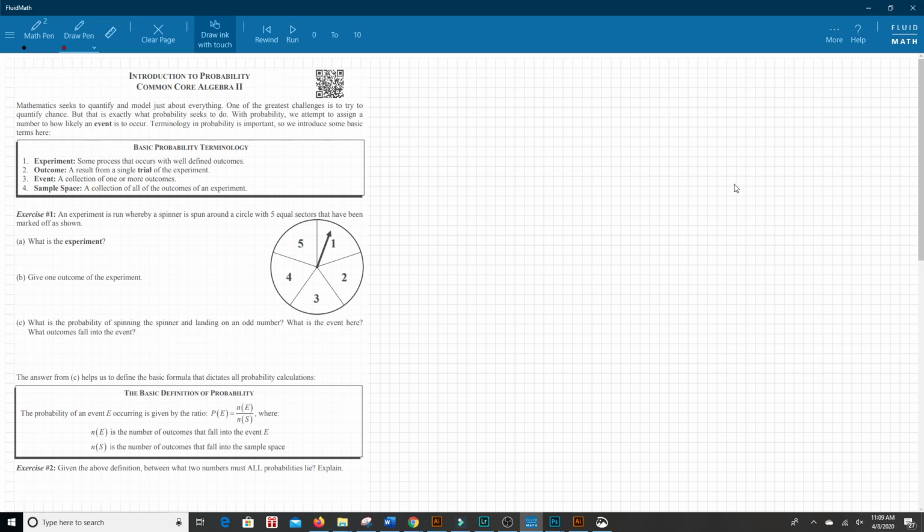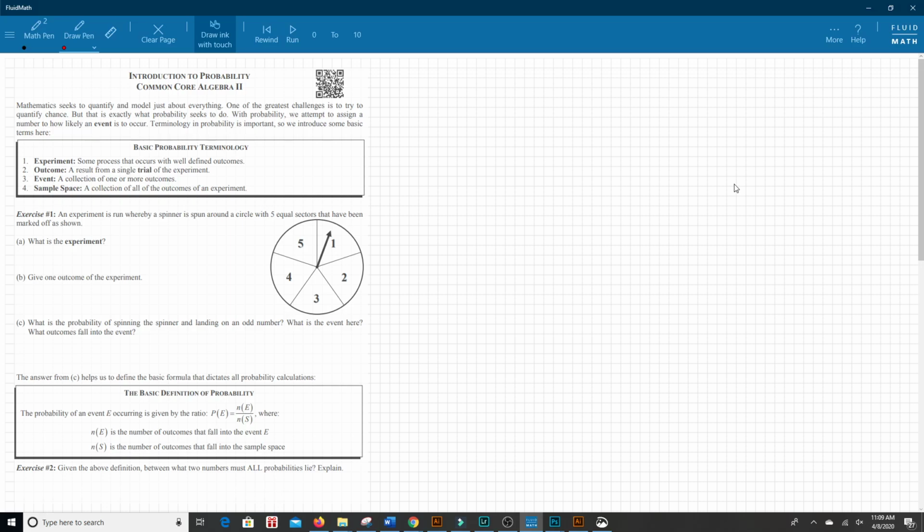All right, so we're just going to go through this worksheet, which is week 29, sheet 1. One of the greatest challenges is to try to quantify chance.